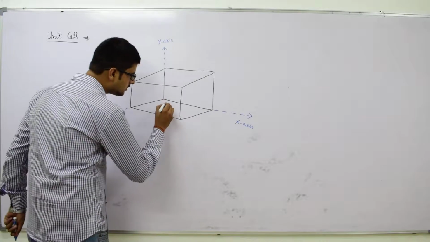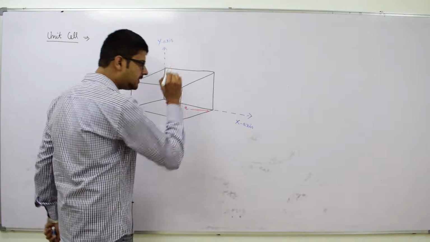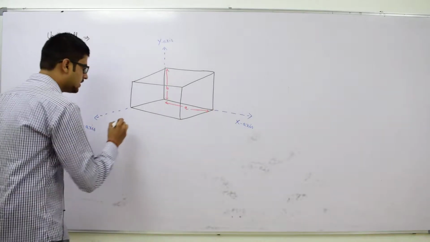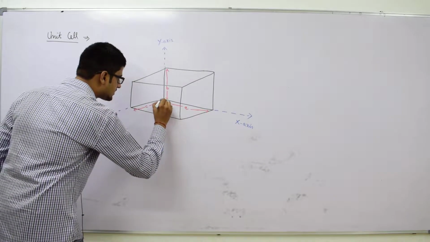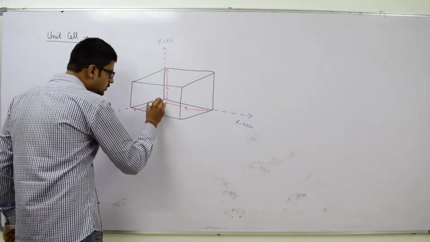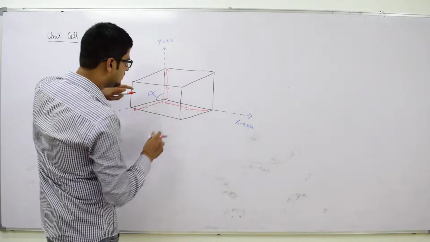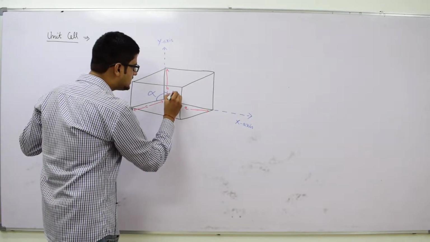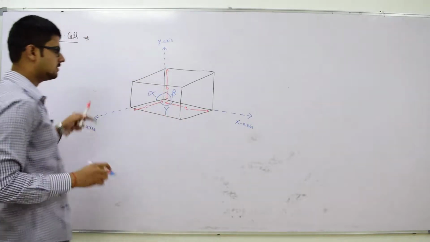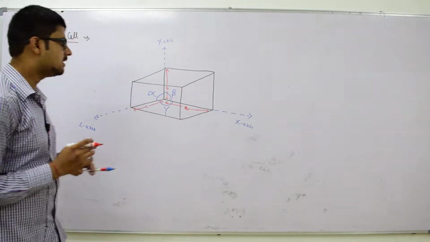We have the edge length along the x axis, let it be A, the edge length along the y axis, let it be B, and the edge length along the z axis, let it be C. After that, we will have 3 interaxial angles: alpha, beta and gamma.